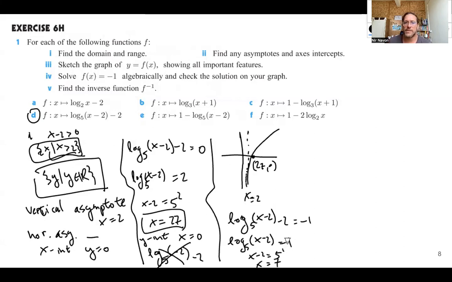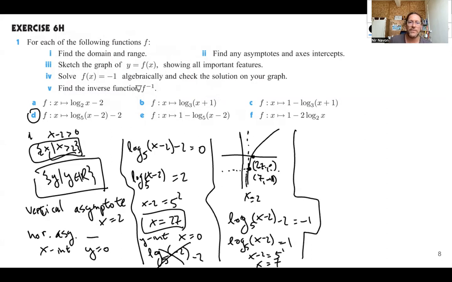Then x equals 2.2. If we're using a graphic calculator, we can graph this graph and the graph of y equals -1 and look for the intersection point.